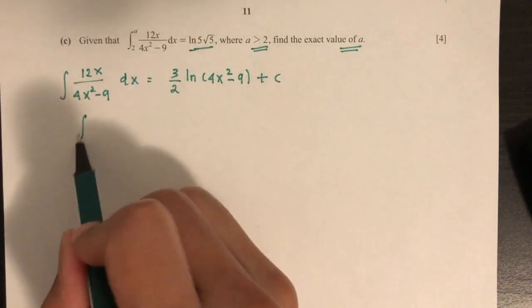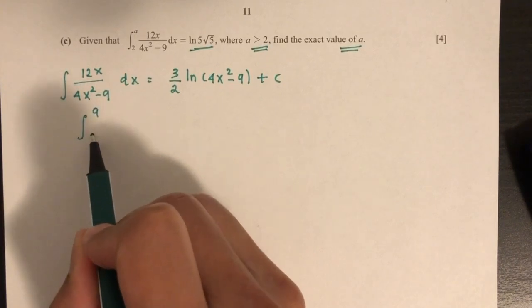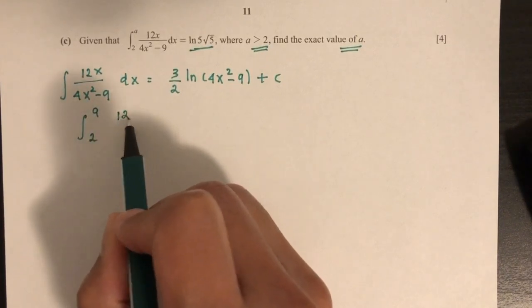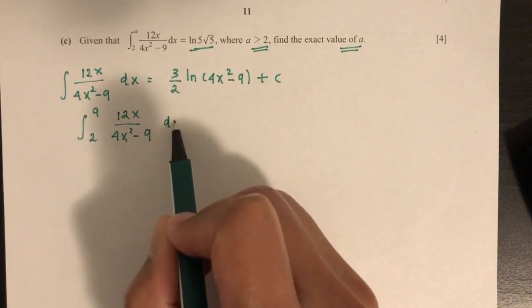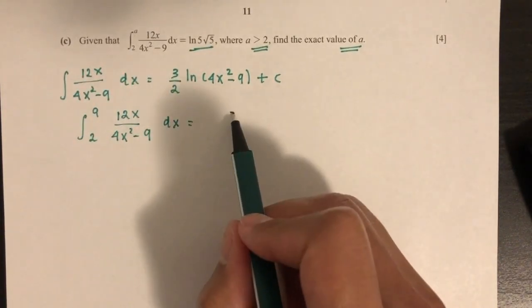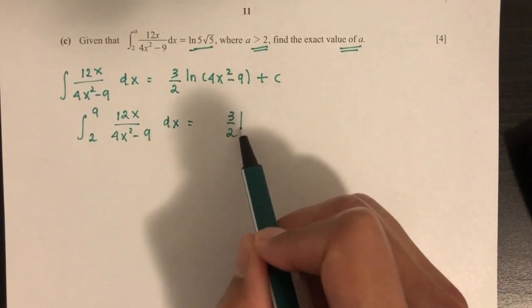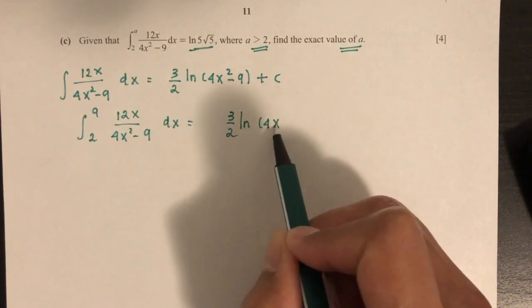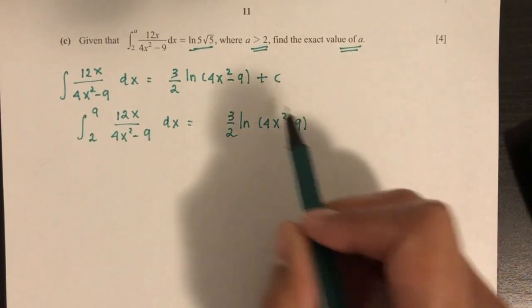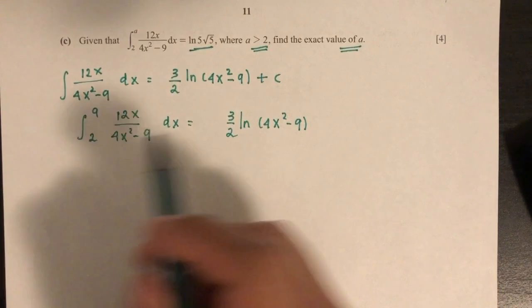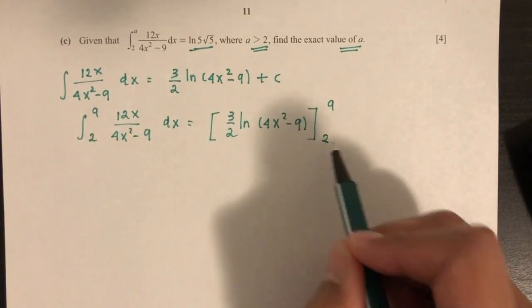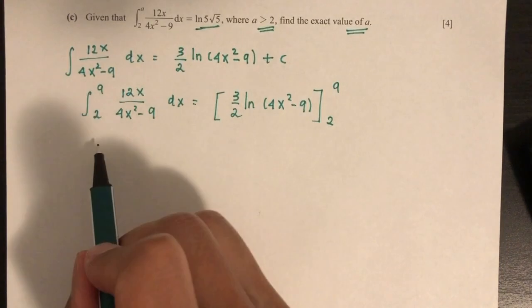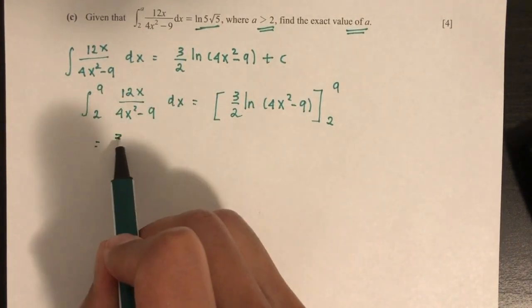So we have to use this to find the value of a. If you were to integrate this from a to 2, 12x over 4x squared minus 9 dx, you would have the same thing, which is 3 over 2 ln 4x squared minus 9. So c will not be here because we have limits now. Let's simplify. For the first part, we can take out 3 over 2.